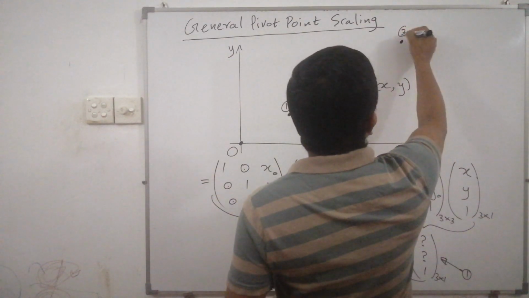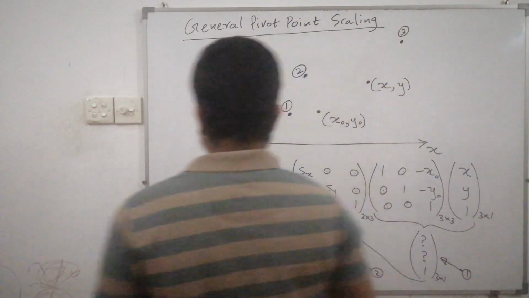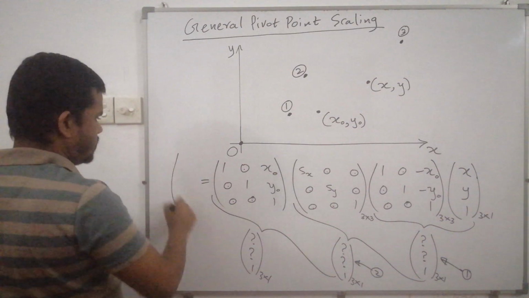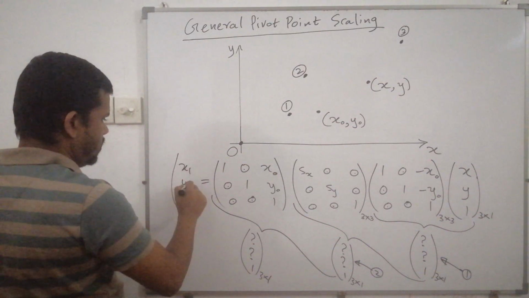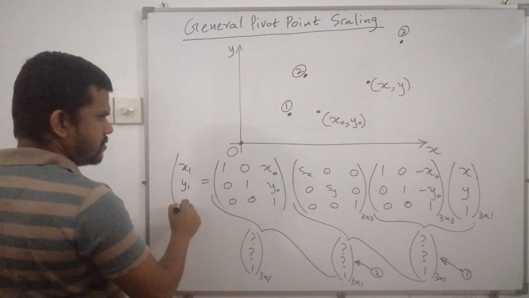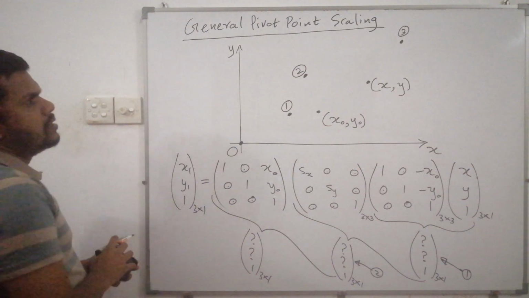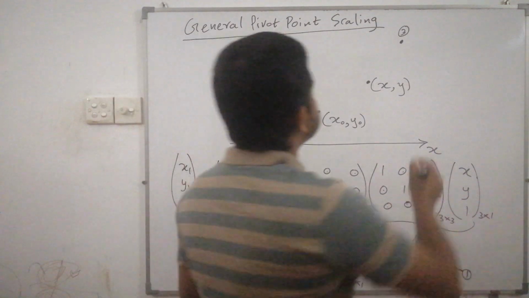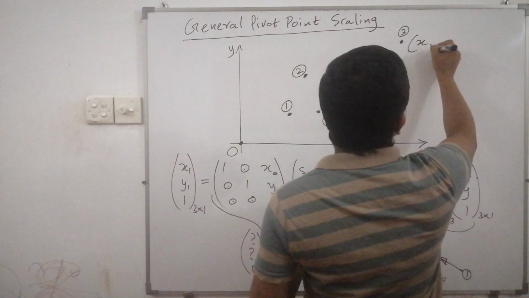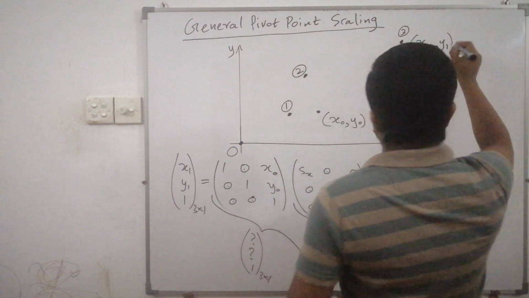And this is point 3. So let's take this as x1, y1, 1, 3 cross 1. So this is our x1, y1.